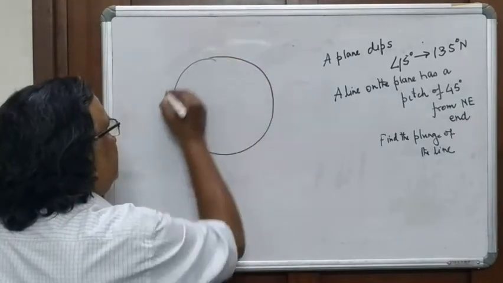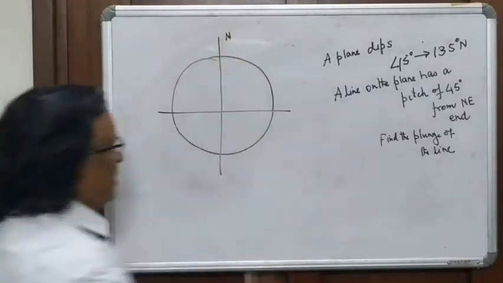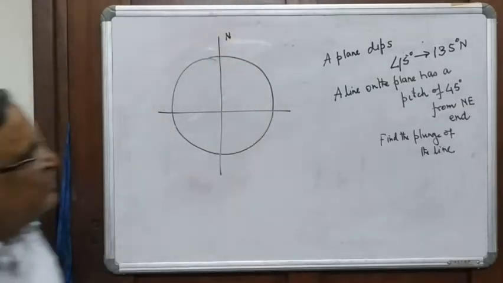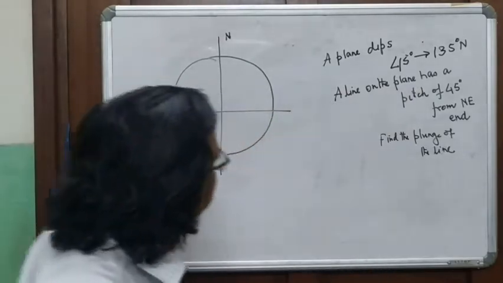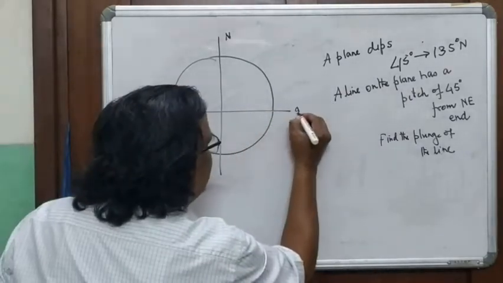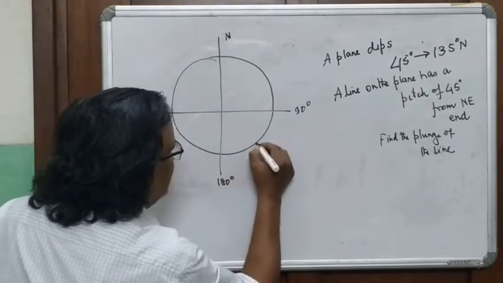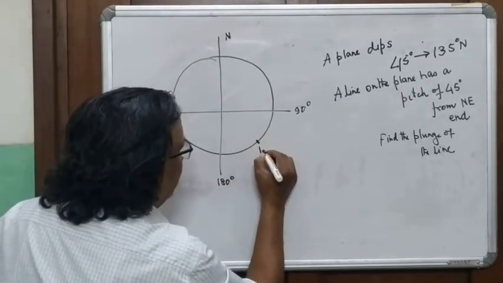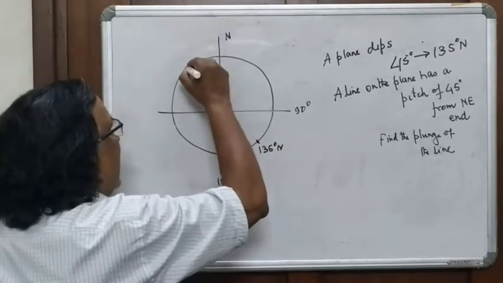This is the stereogram. Once again, north-south. Now what it says, 135 degrees north. That's the dip direction. So this is 90 degrees, and this is 180 degrees, and so 135 degrees is in the middle. 135 degrees north. And I draw a line.